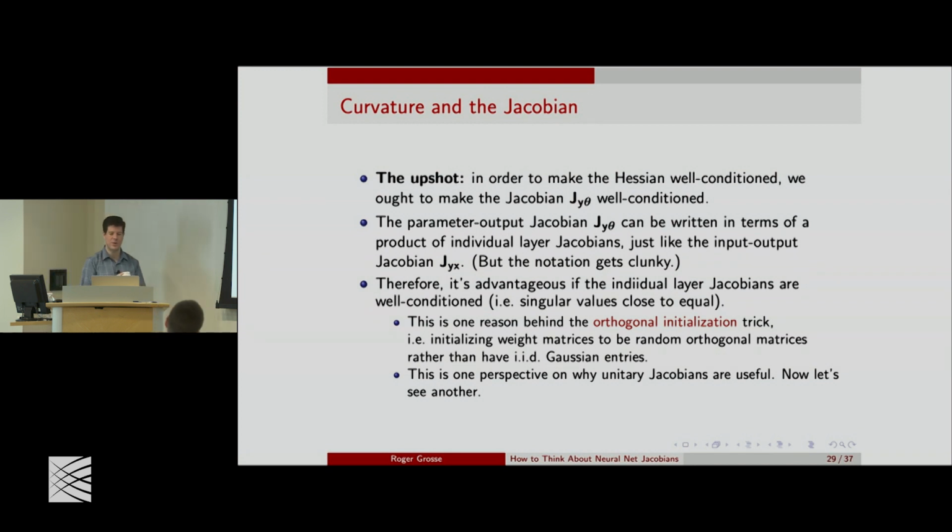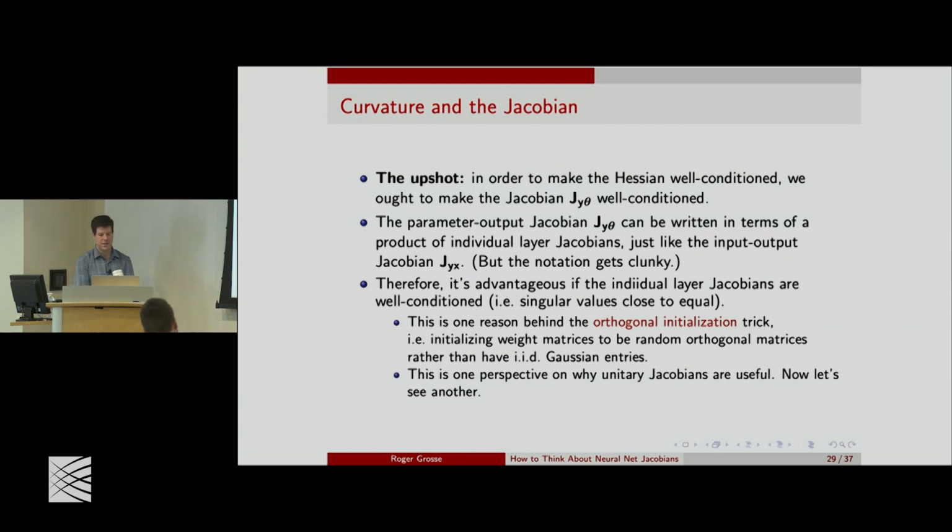It's kind of more clunky in terms of the notation, but it still works out. And so for purposes of optimization, it's advantageous for the Jacobians of individual layers to be well-conditioned. Particularly we want the singular values for each layer's Jacobian to be close to equal.